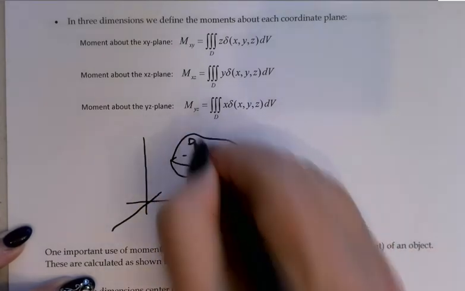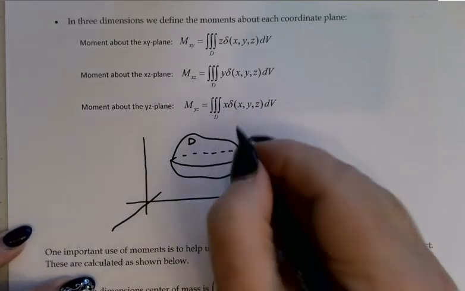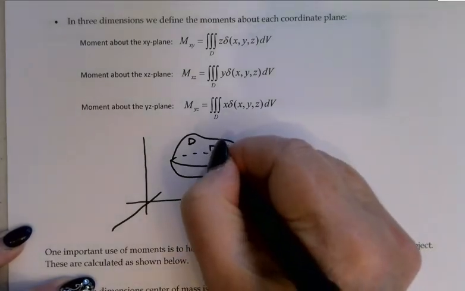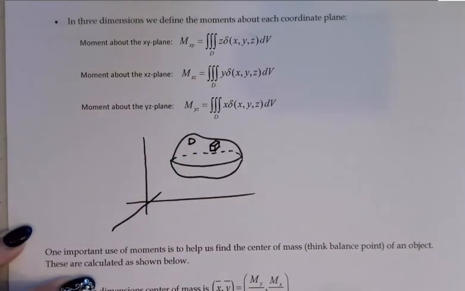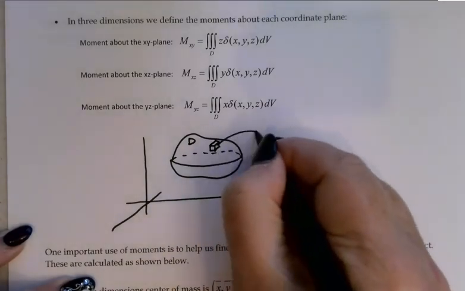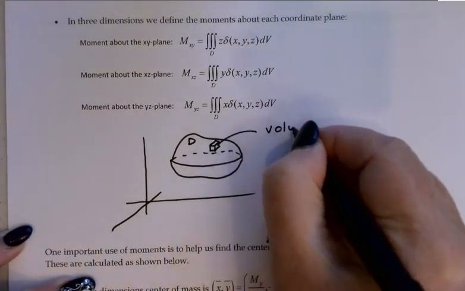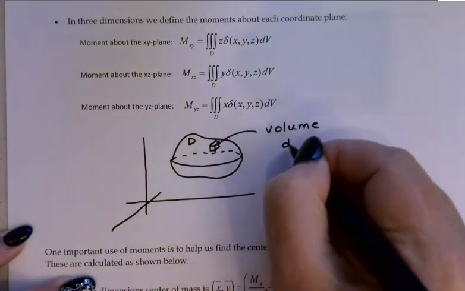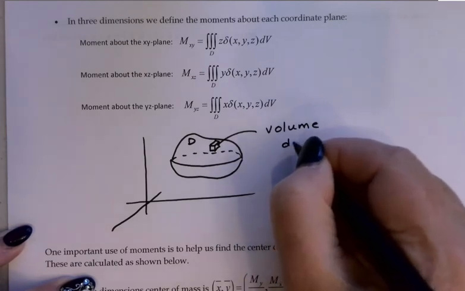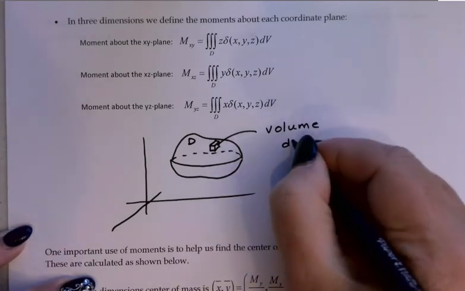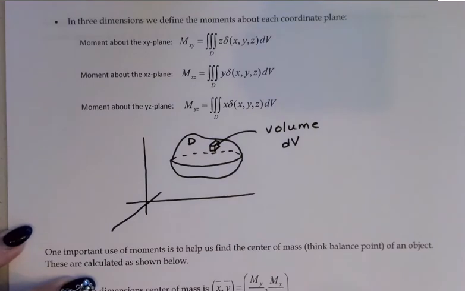there's my D, and within that solid, I've got a little chunk of volume somewhere. We'll say that has volume dV, or delta V. Doesn't really matter. I'm going to change my deltas to d's anyway, in the long run.